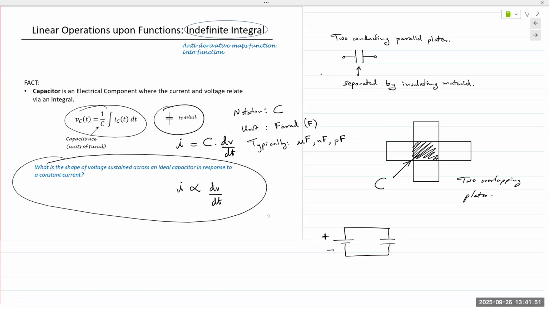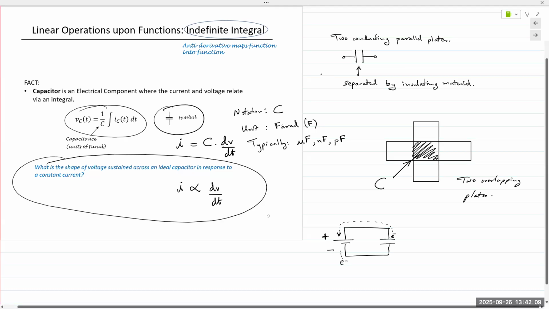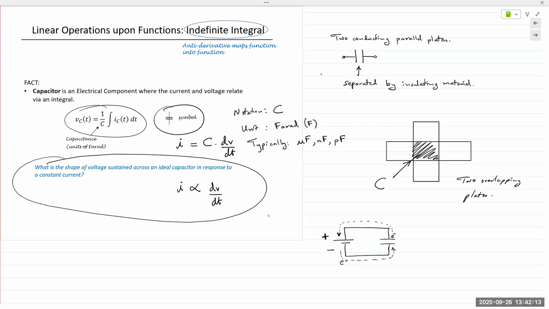These electrons in the wire and the plate get attracted by the positive terminal of the battery, so they start moving in a counterclockwise direction. On the other side, the electrons are repelled by the negative terminal of the battery, and so we have an accumulation of negative charges here.